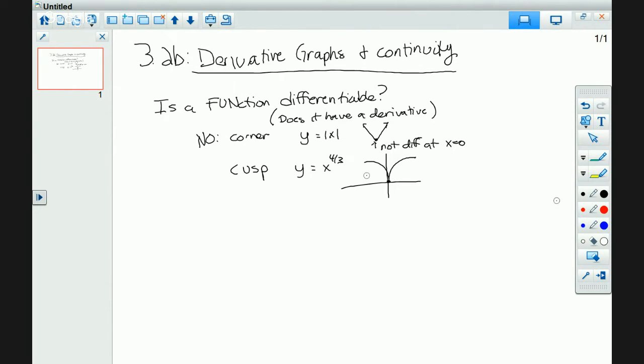I can take the derivative here, because it has a slope, right? And both sides are the same. So, what else? Oh, a vertical tangent line. That would be x to the 1/3 maybe.